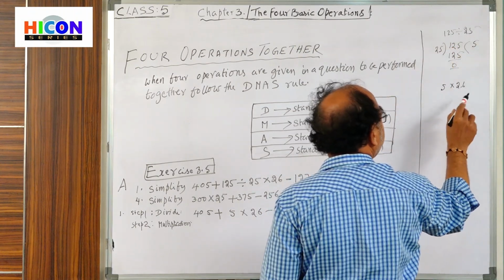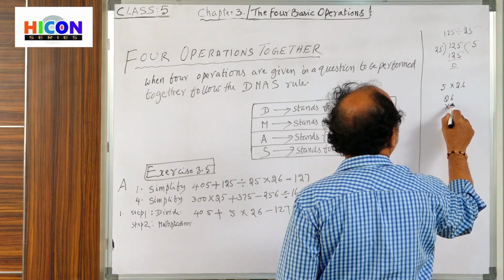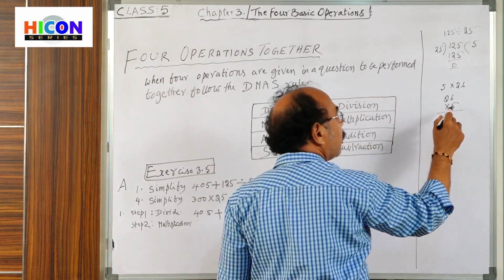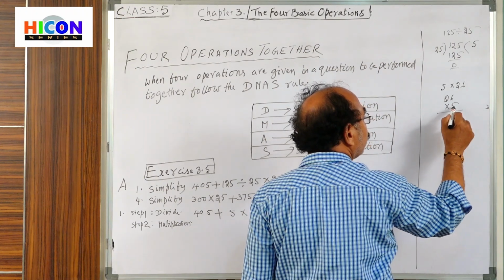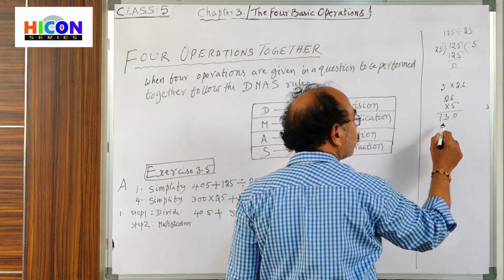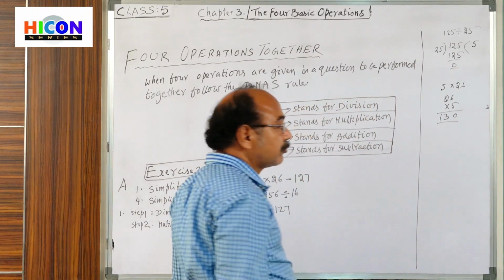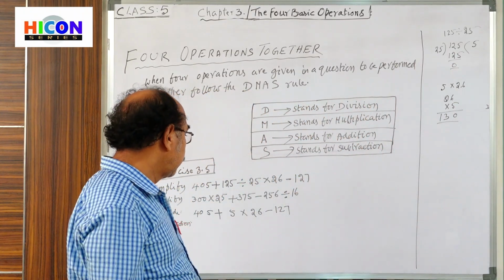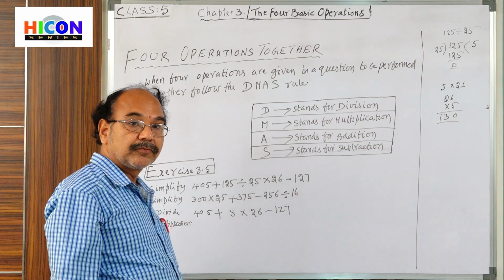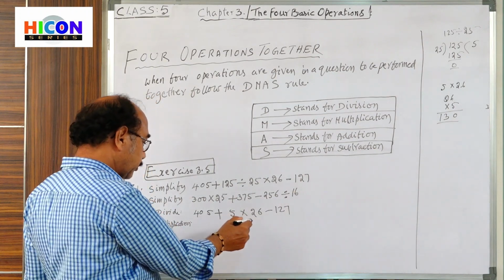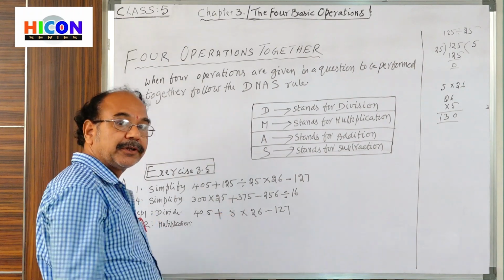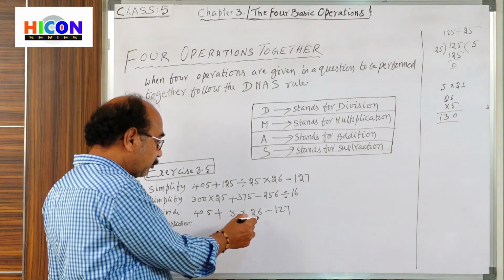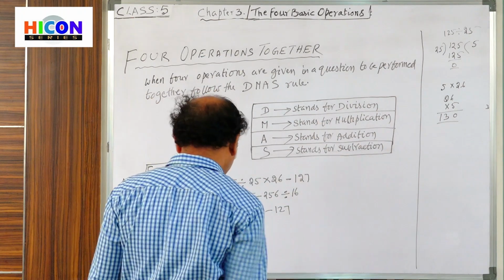Here, 5 into 26, so multiply 26 with 5. 5 6s are 30, 0, 3 is there. 2 5s are 10 plus 3, 13. 130. 130 we got. That number we write in this multiplication place, where 5 into 26 is there.